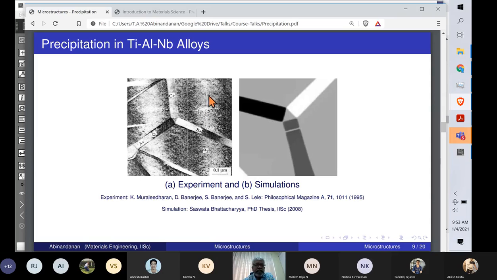The matrix phase is hexagonal, and the product phase here is orthorhombic. And orthorhombic has only 2-fold rotation about the c-axis, whereas the hexagonal has 6-fold rotation. Therefore, there are 3 different ways in which the precipitate can be created within the matrix. And they have their own misfit and so on.